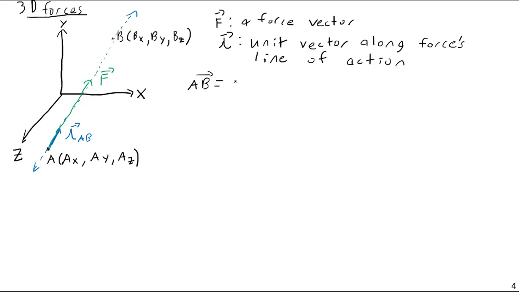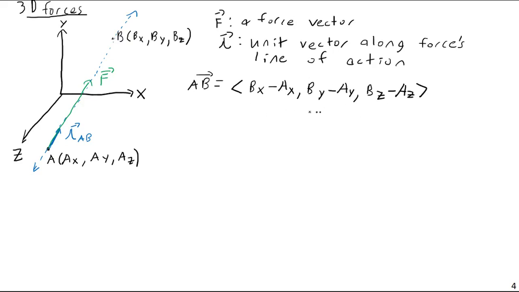In coordinate form, it would be BX minus AX, comma, BY minus AY, comma, BZ minus AZ, like so.